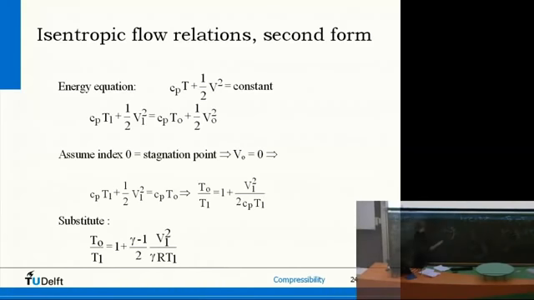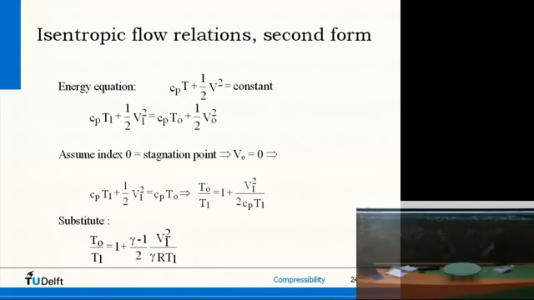Multiplying by gamma, so we get then gamma minus 1 over gamma. So what I did, starting with R is equal to CP minus CV, divide by CP. So R over CP is 1 minus CV over CP. Then I realized this CV over CP is 1 over gamma. 1 minus 1 over gamma. And then I put them all in 1. So I say, okay, this 1 is gamma over gamma. So gamma minus 1 over gamma.